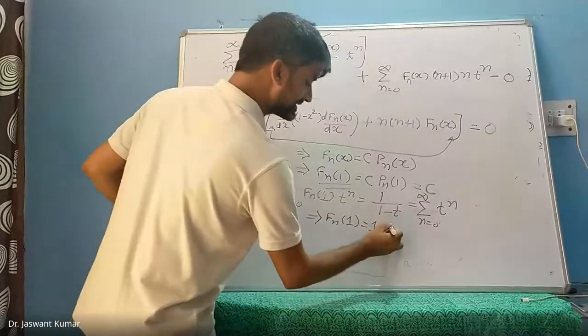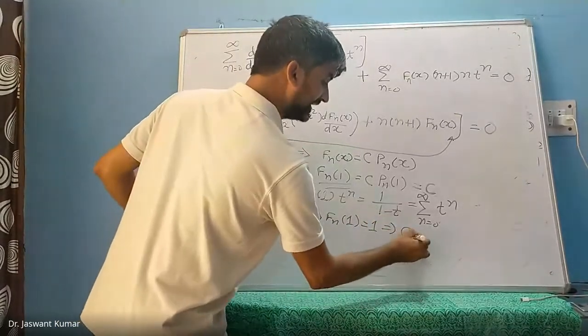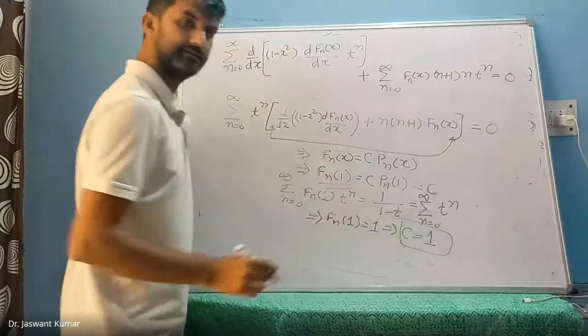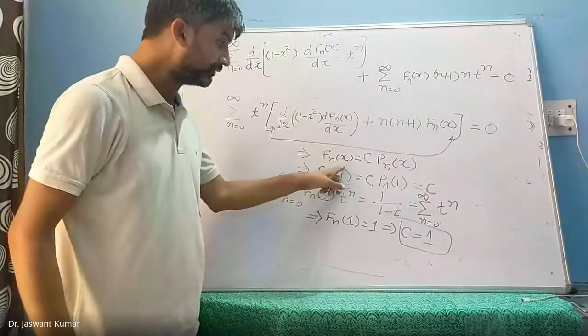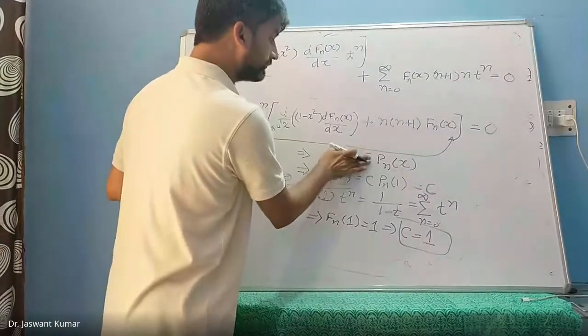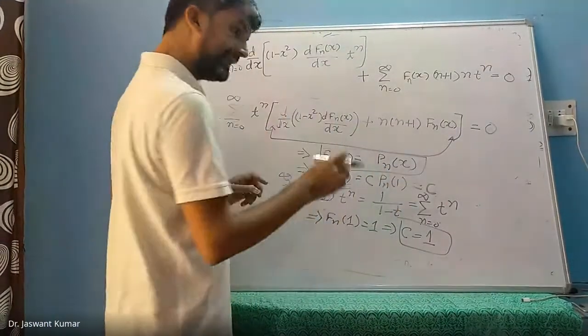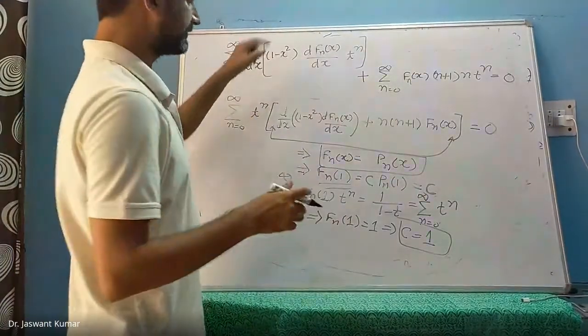So this implies that the constant of proportionality that we have taken is 1. That means this f_n(x) is actually equal to P_n(x). And hence the formula is verified.